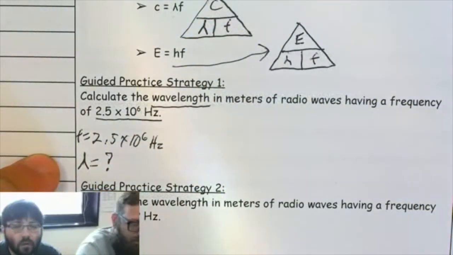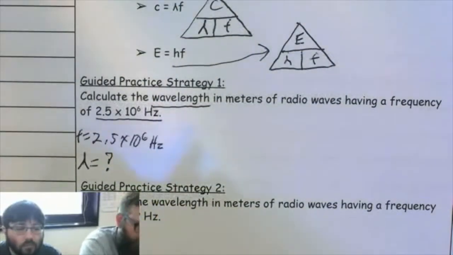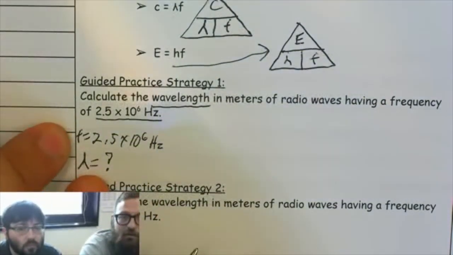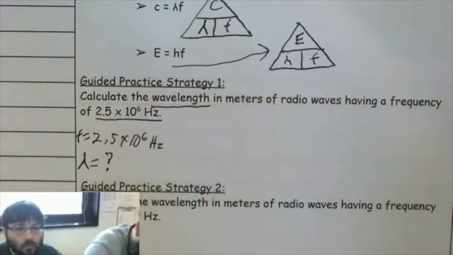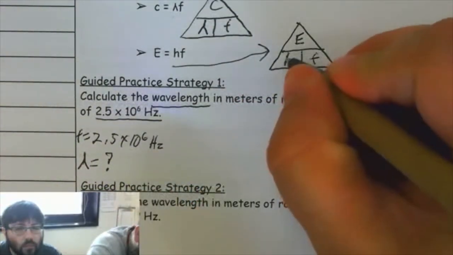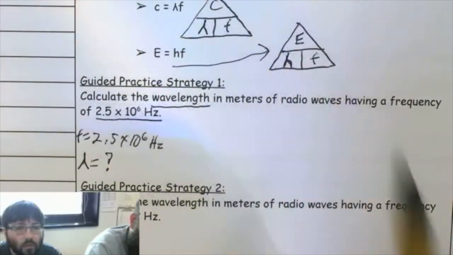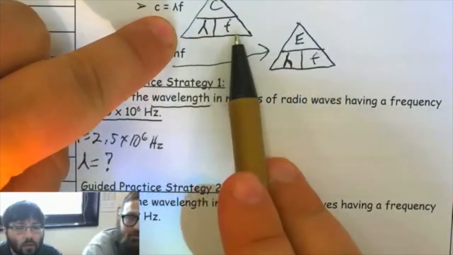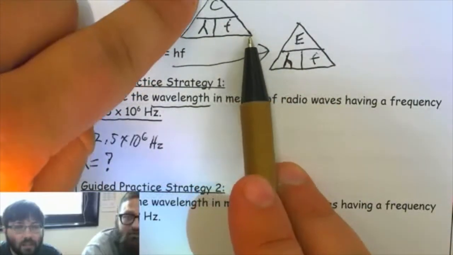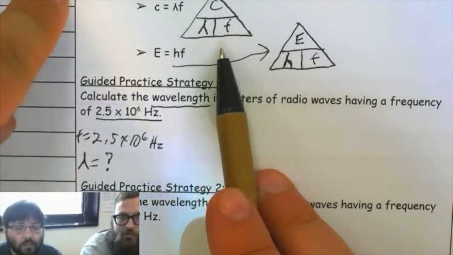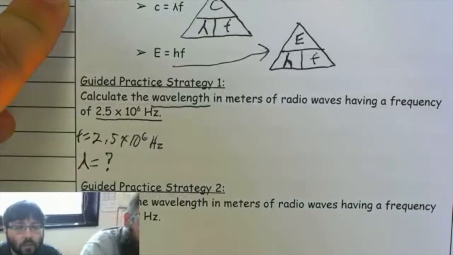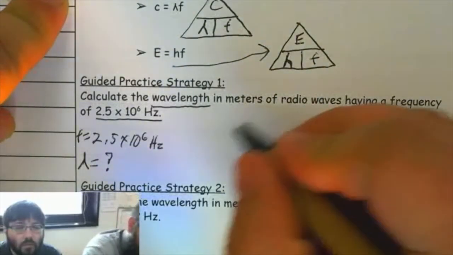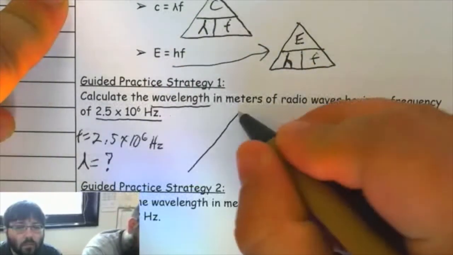And then I've got frequency, and that's actually supposed to be an F there. I know it kind of looks like a lambda, but that's my lambda and my frequency and speed of light. So it is that first equation, C equals lambda times frequency. So I can plug all those numbers into the triangle where they go.